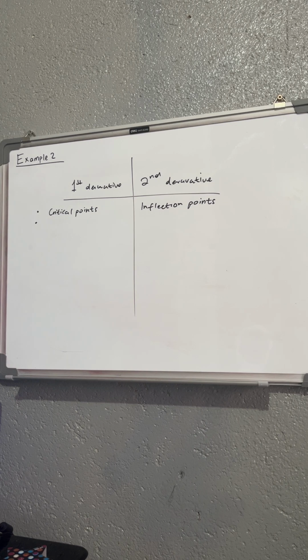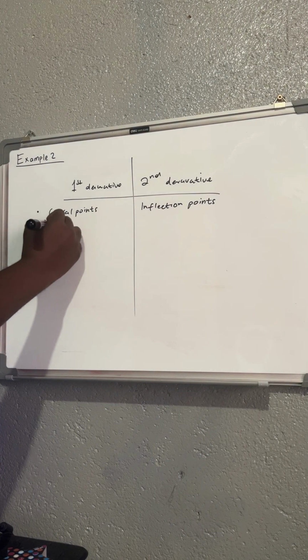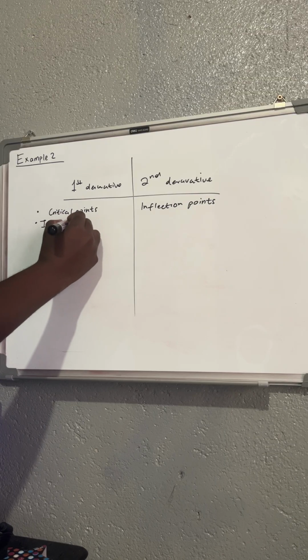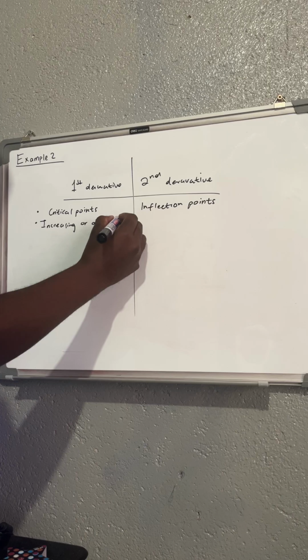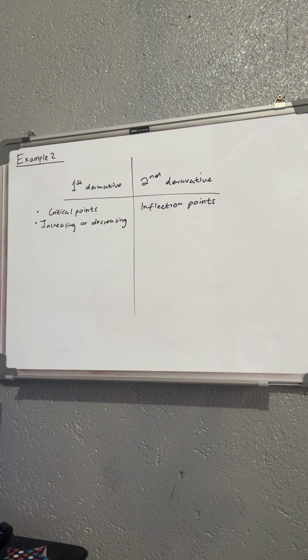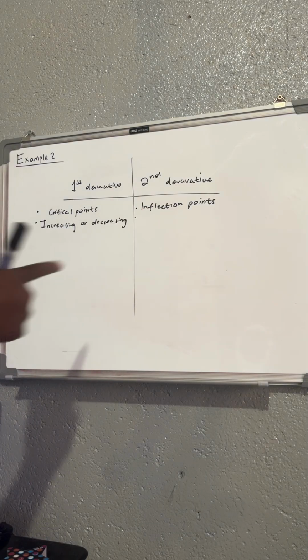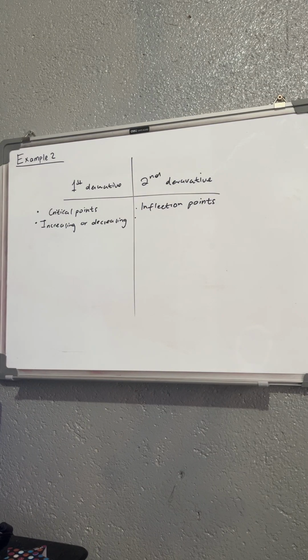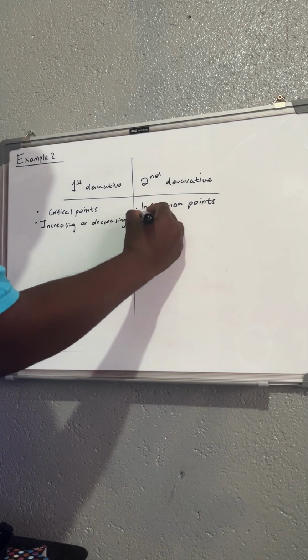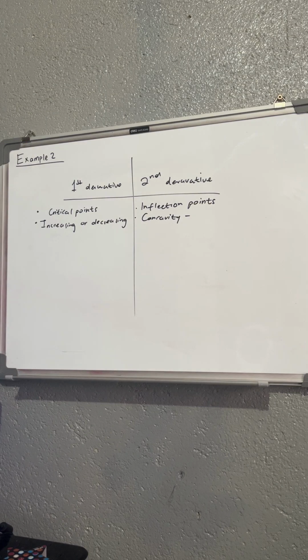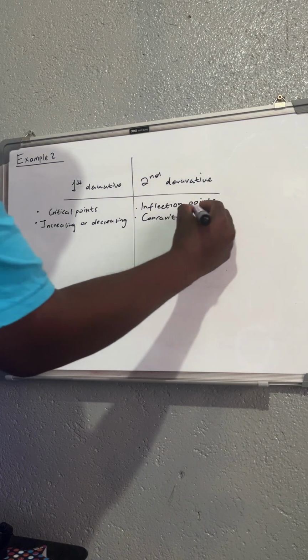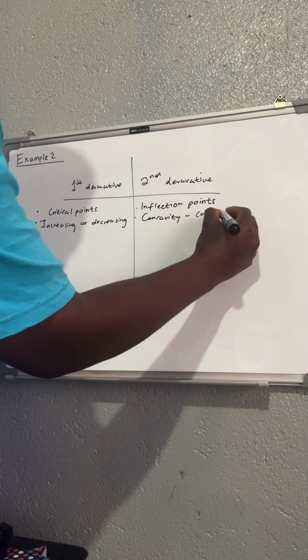It will be when they ask you to tell them where the graph is either increasing or decreasing. You see? So now when it comes to this side, they might give you a function and ask you some questions about concavity, something like where the graph is concave up or concave down.